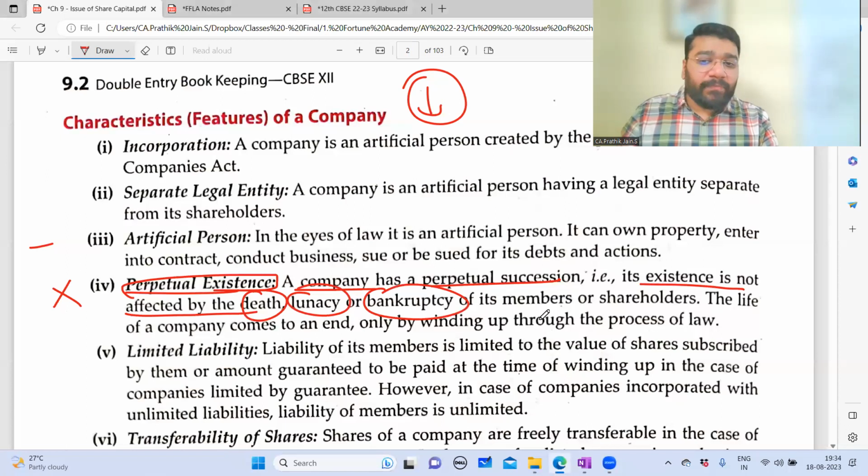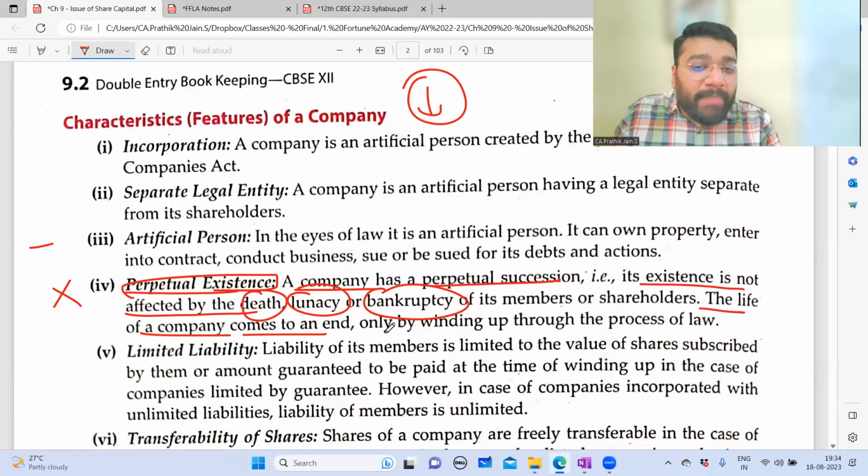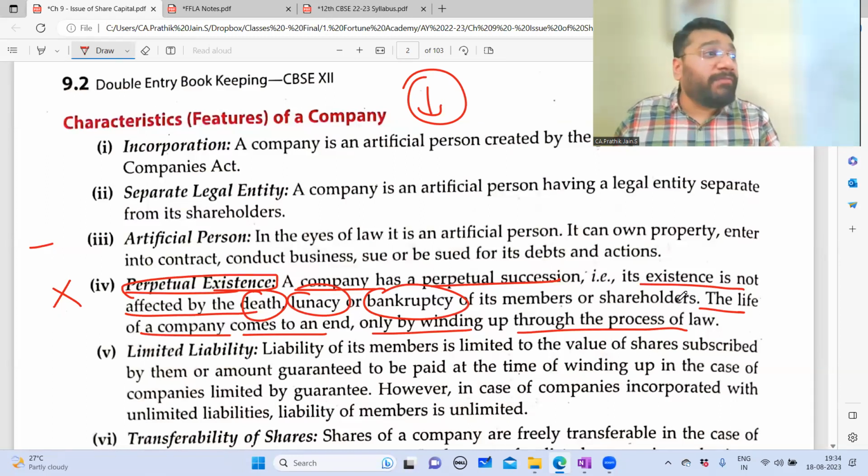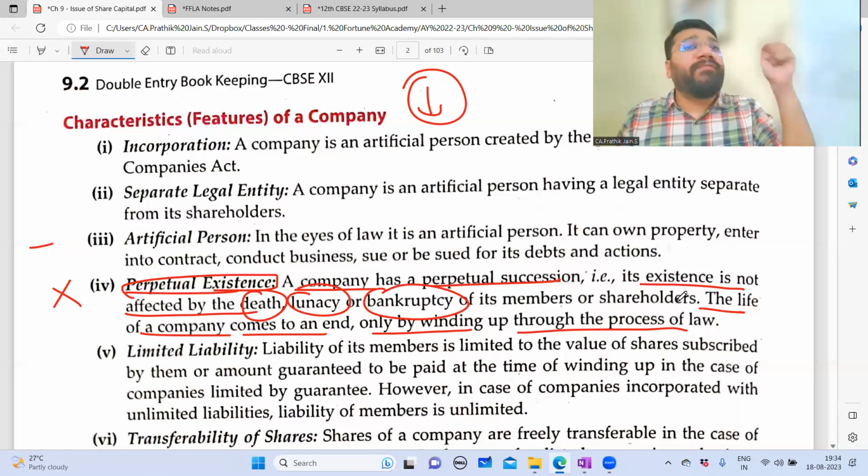Both are the same. The life of a company comes to an end only by the winding up procedure, by the process of law. A company will come to closure only by following the winding up procedure. When you close the company, there are certain formalities that you have to finish with the government. Only upon completing those formalities can you legally close the company.